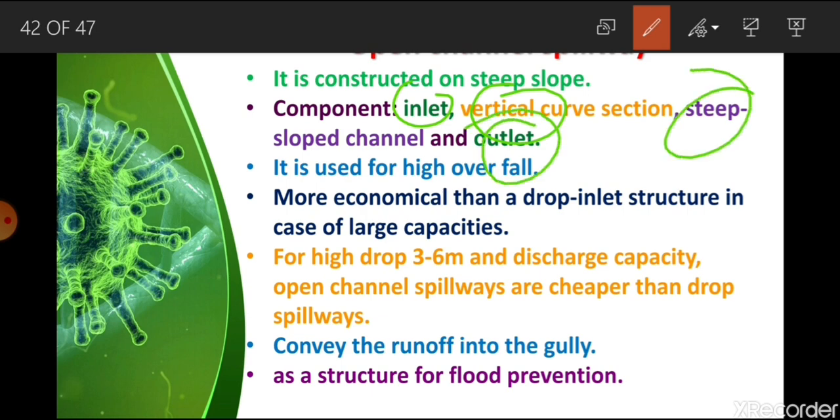So these are the few components of an open channel. It is more economical and very much popular in India for discharging the amount of flood into the downstream area, and it also conveys the runoff into the gully.